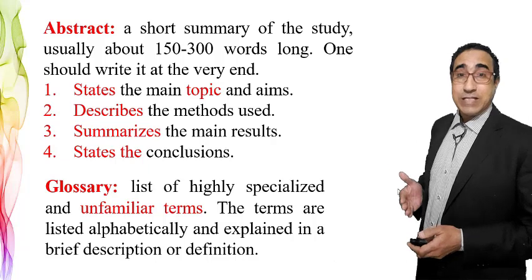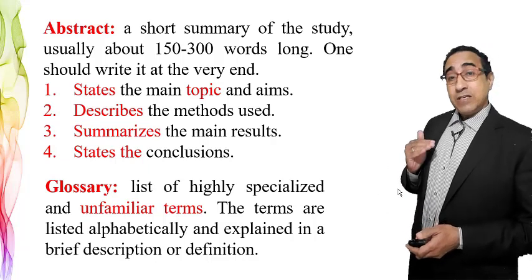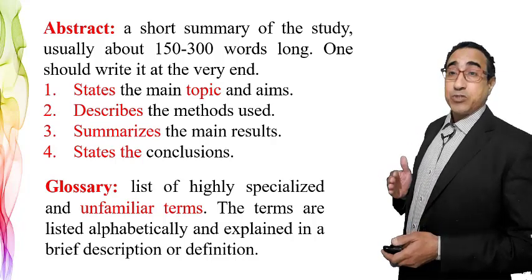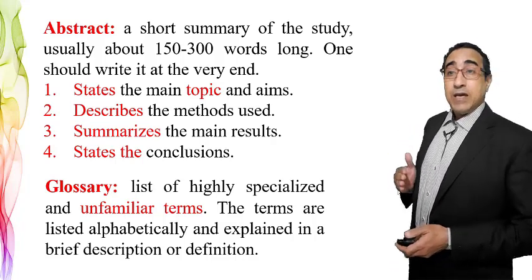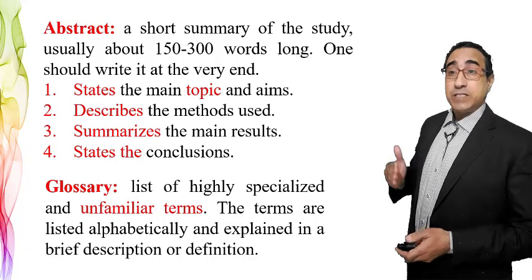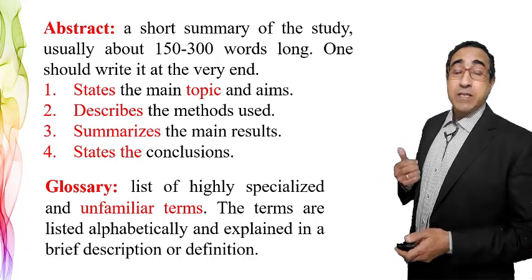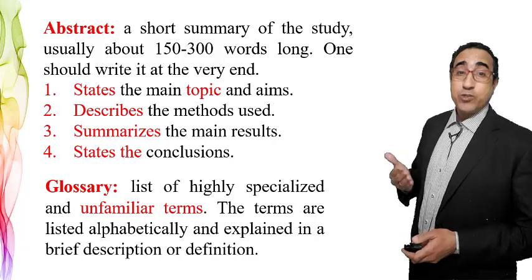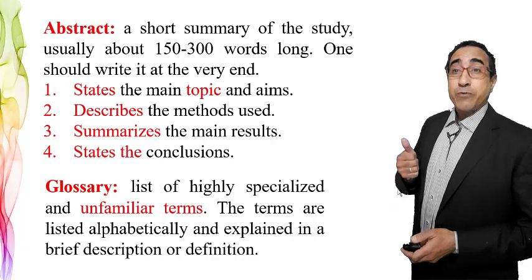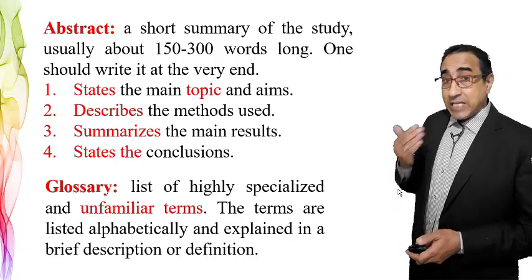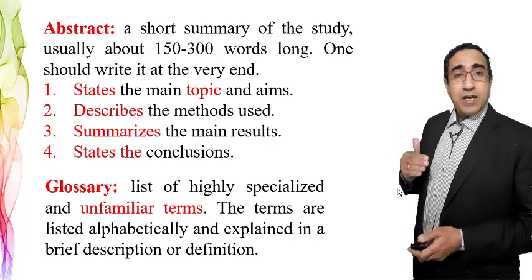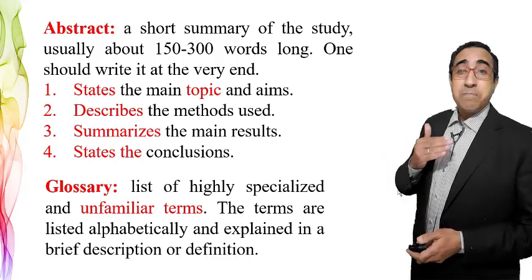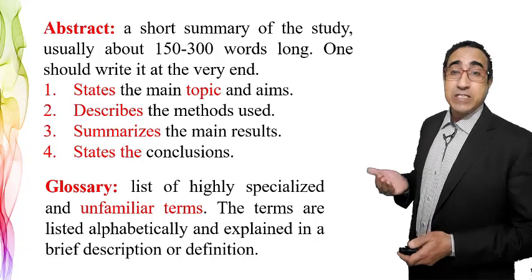It's not that long, and the components in this abstract can be listed as follows. It states the main topic and aims. So what is the research about? It describes the methods, but not in details, just it refers to that, and summarizes the main results and states the conclusion.